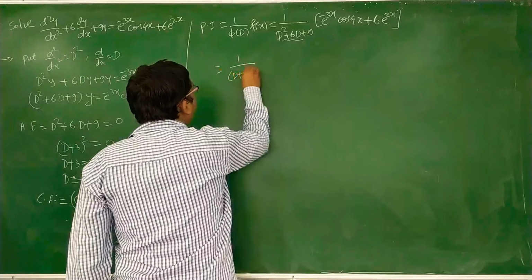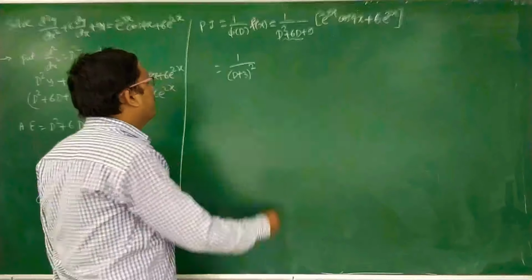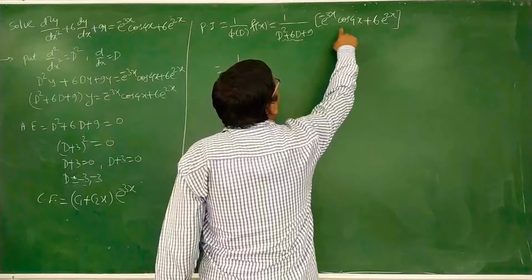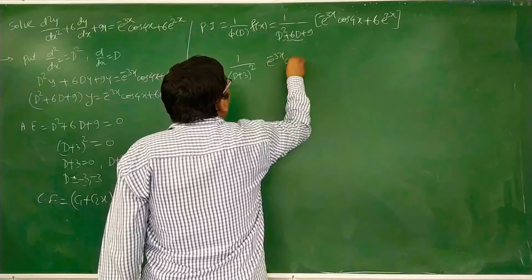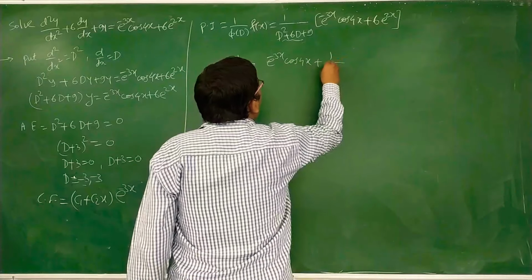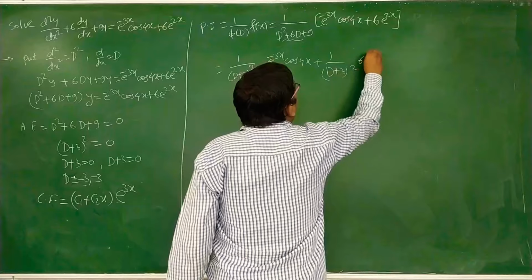So I am going to write (D + 3)² here because after writing this the calculation becomes simple. Then apply this operator separately on both the terms. We will get 1 upon (D + 3)² into e^(-3x) cos 4x plus 1 upon (D + 3)² into 6e^(2x).